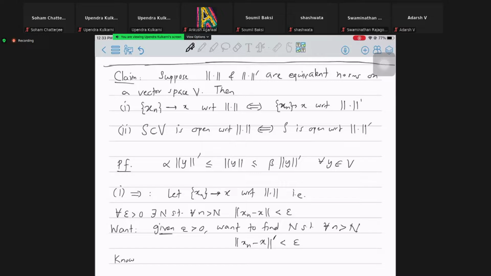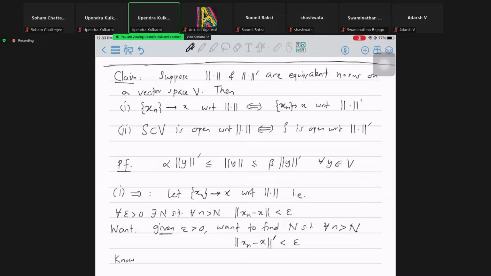Left. Yeah, so you see, I want to bound the prime norm. I know how to bound the unprimed norm. So what do I know?